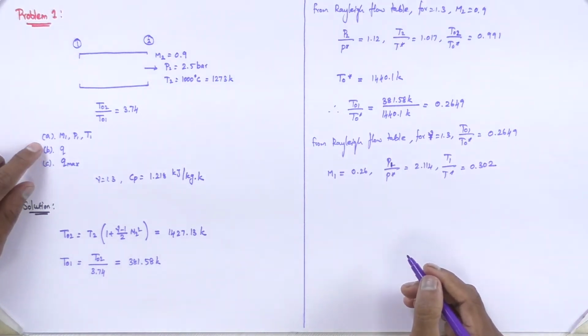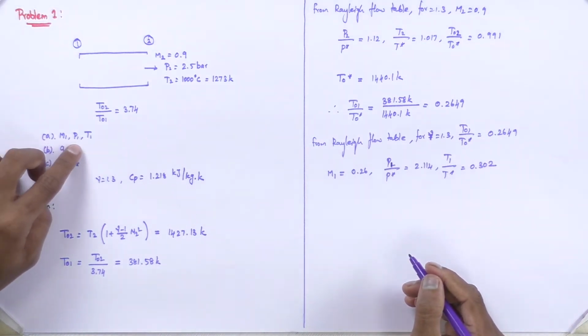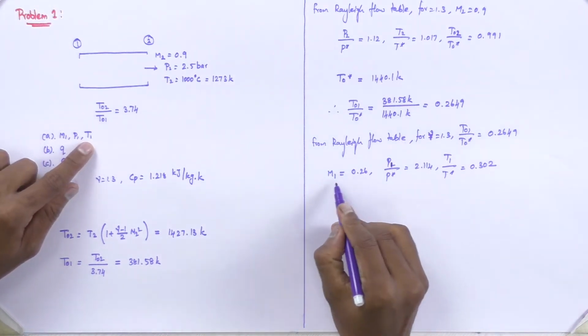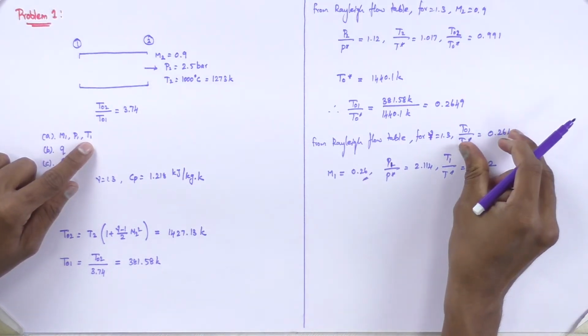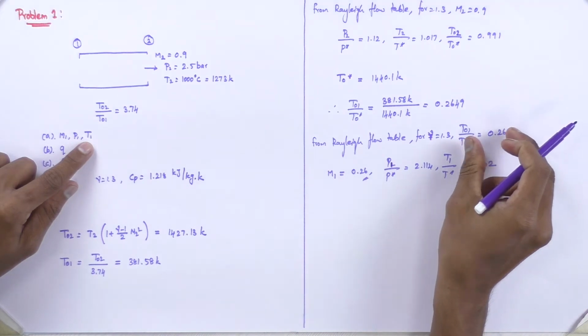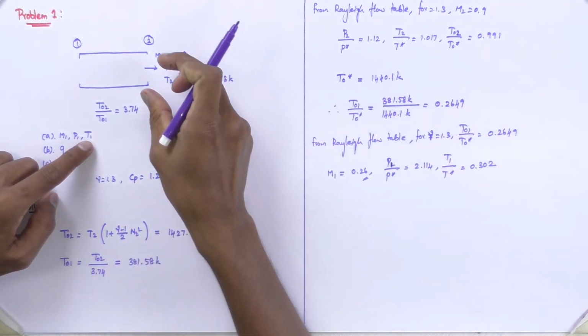So our first question was to calculate M1, P1 and T1. We already know M1 from this ratio, which was obtained using state point 2 properties.